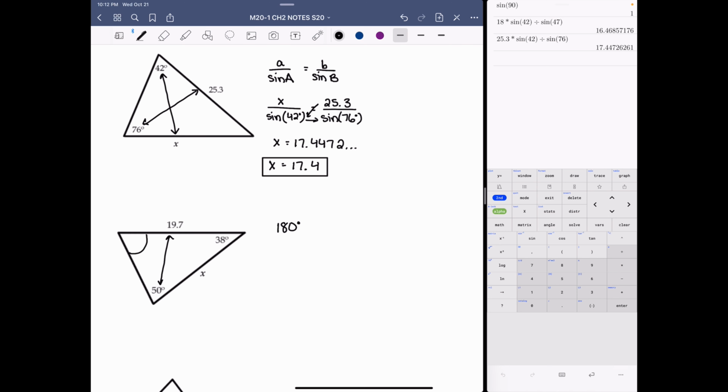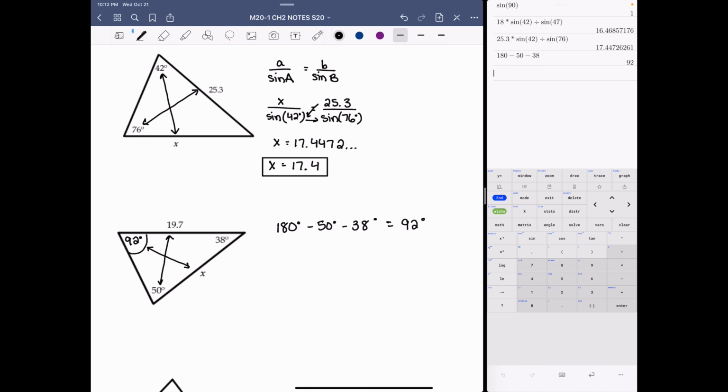So I start with 180 degrees and I subtract the two angles that I know, minus 50 and minus 38, which gives us 92. So this angle is 92 degrees. Then I have half of the pair that includes side x.